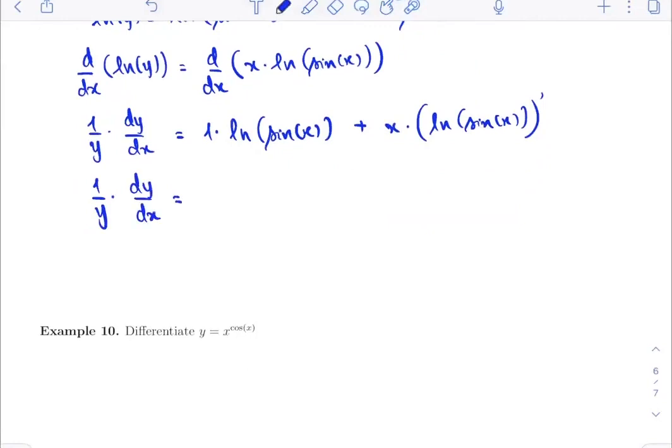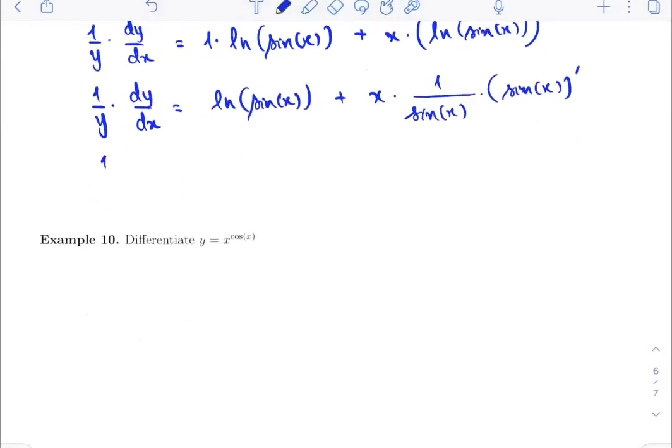The right-hand side gives you ln of sine of x plus x. Now take a look at the derivative of ln of sine of x. The derivative of this is 1 over sine of x times the derivative of the inside function. And the derivative of the inside function, sine of x prime, is cosine of x.